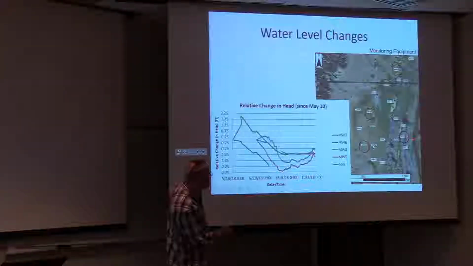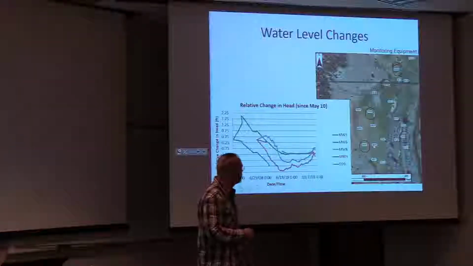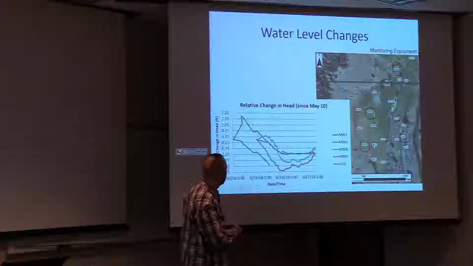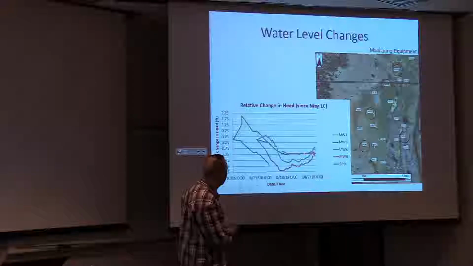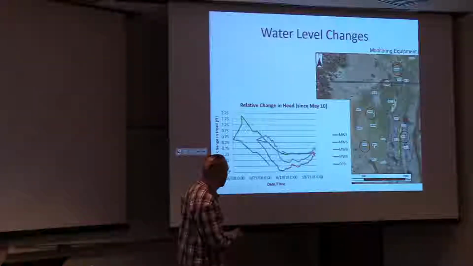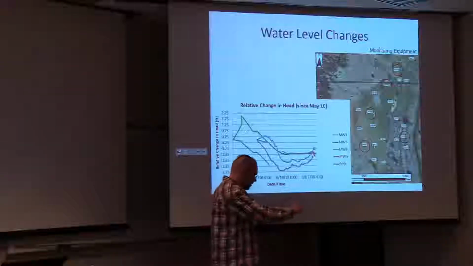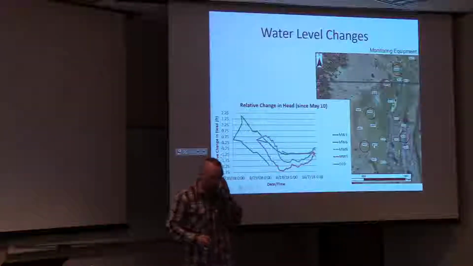And then staff gauge 9 is the only monitored pool that stayed completely saturated, and that is this. We are arguing that there's a constant source of water coming from up gradient, and that water is moving in this general direction.